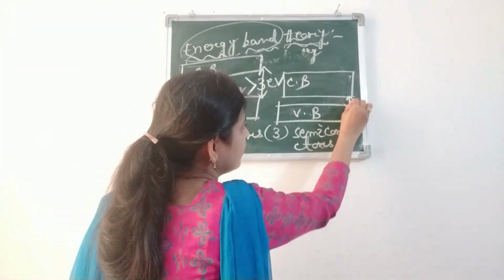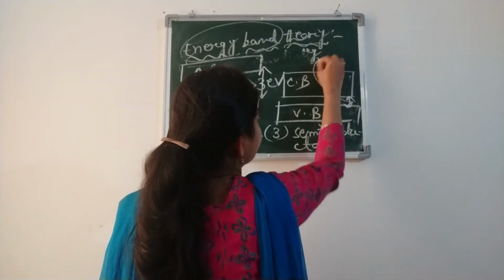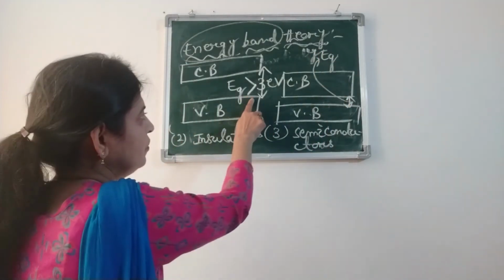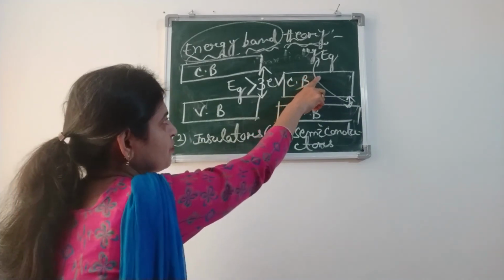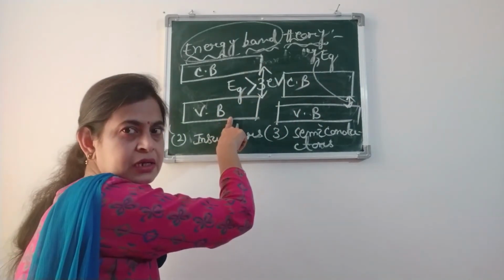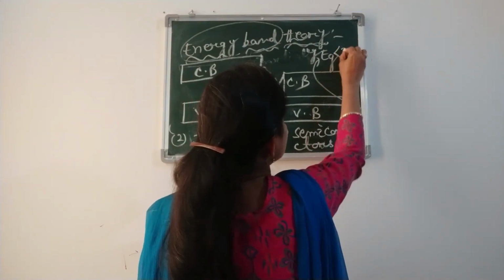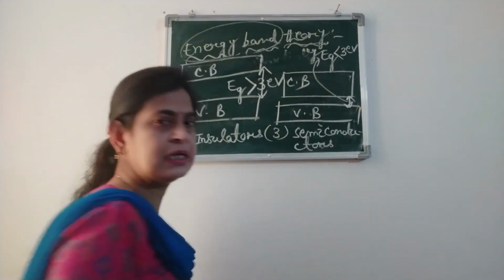Now this energy gap will be small as compared to the insulator. That means we can write the energy gap will be less than 3 electron volt.